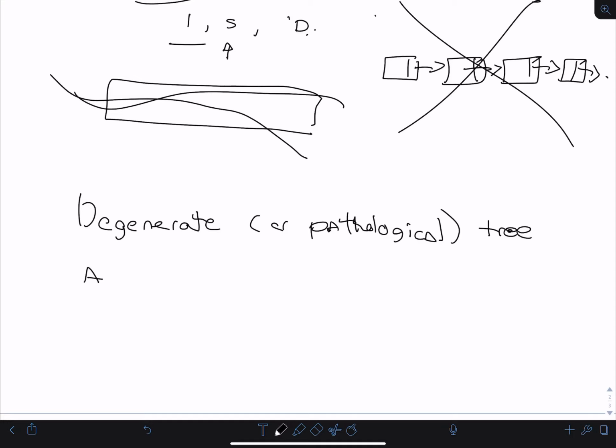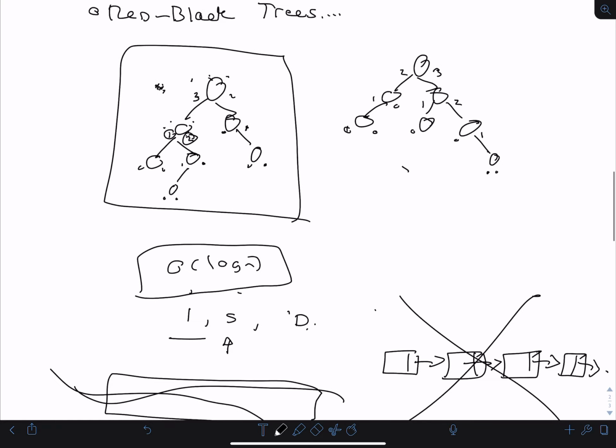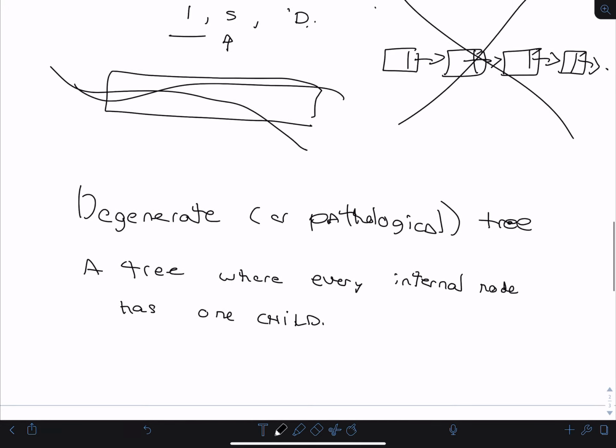But anyways, so the proper definition, let me just write it here. A tree where every internal node has one child. Remember, the internal nodes are like this guy, not the leaf nodes. That's the other kind of node that you could have.